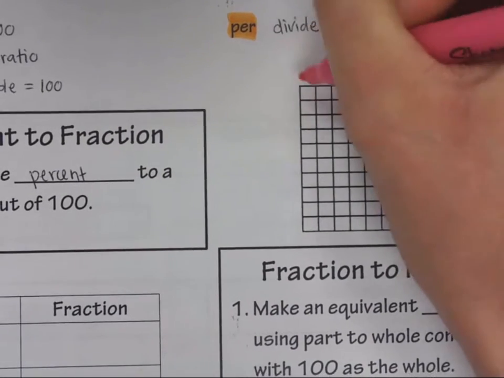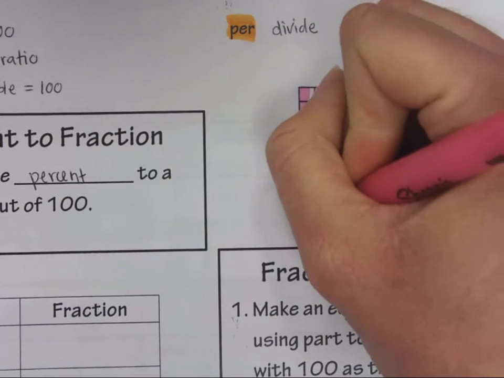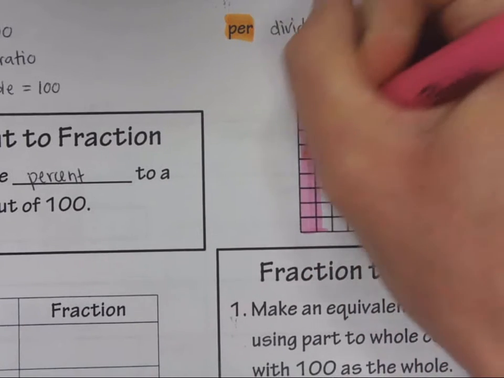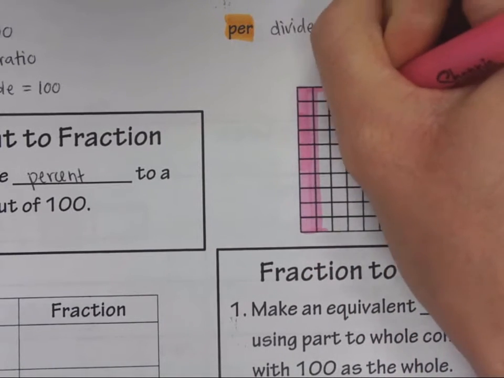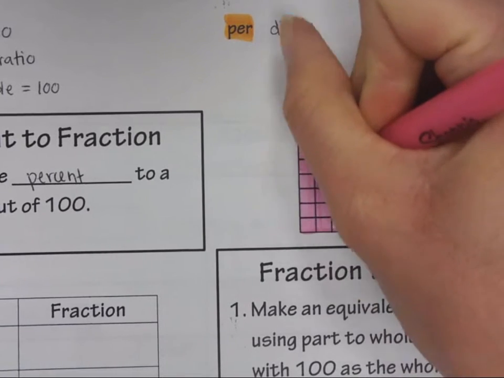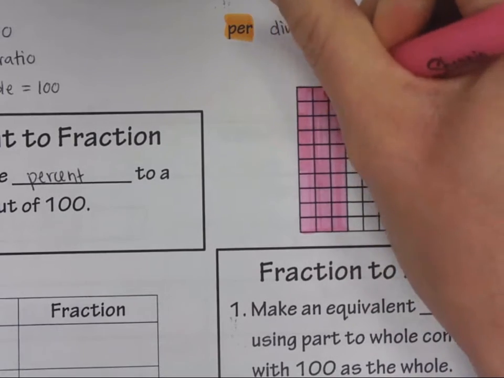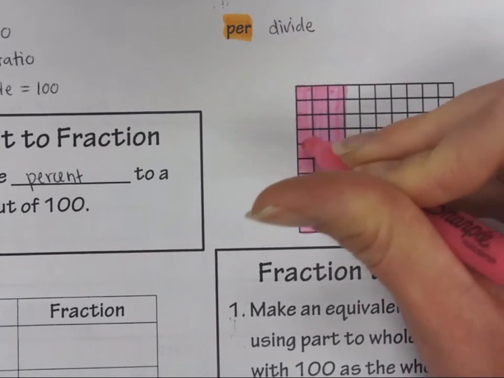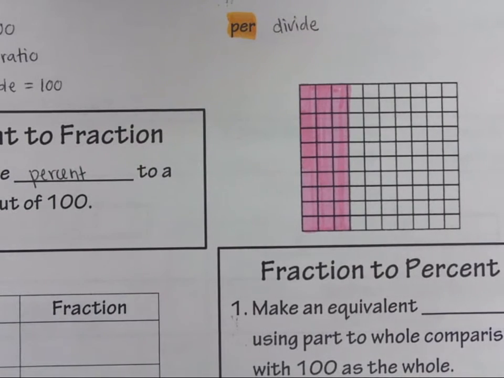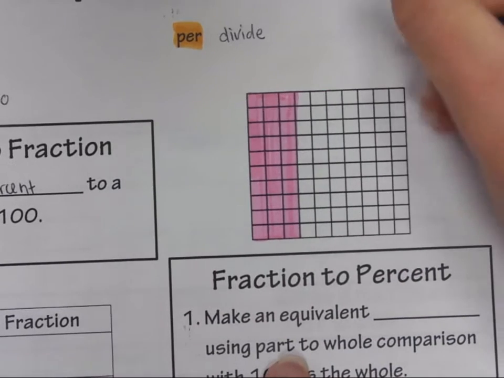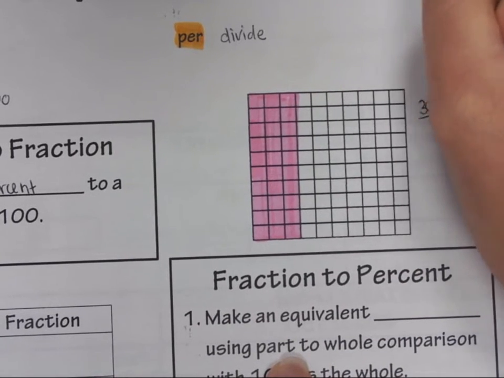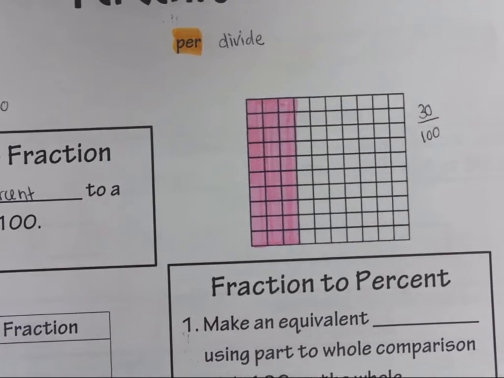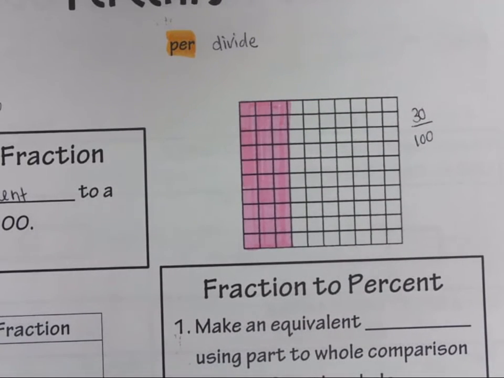If I colored 3 of these columns in, okay, if I get these 3, if I counted it up, there would be 30 squares that I just colored in pink, right? So if I asked what percent of the squares are colored in, you would say, well, there's 30. There's 30 out of 100, okay, but that's not a percent yet.